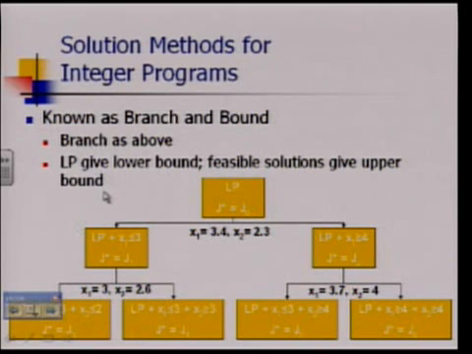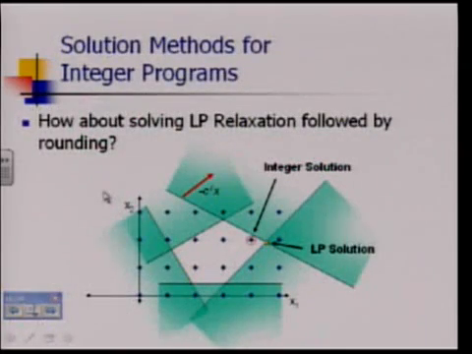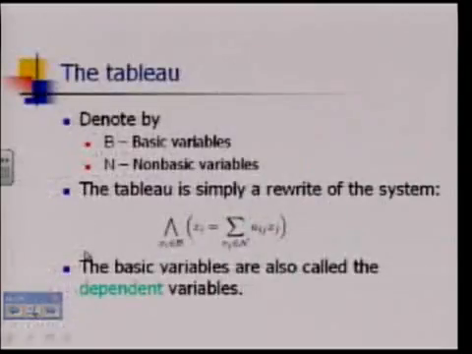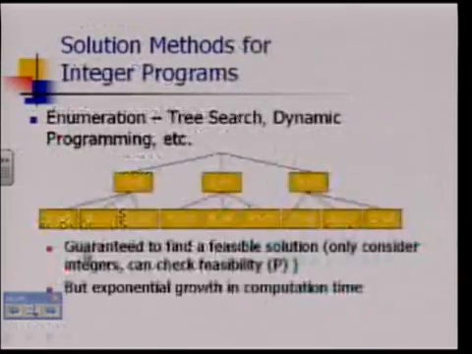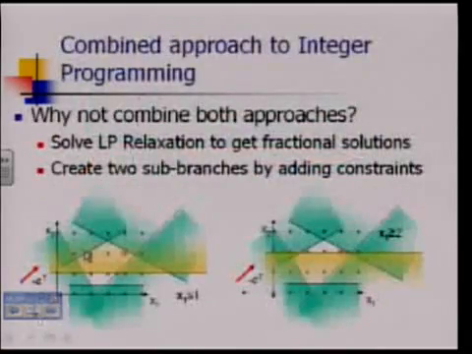Well, let's walk through this example. This is the original problem. And then let's say we can do the branch and bound based on the original problem that we wrote here.